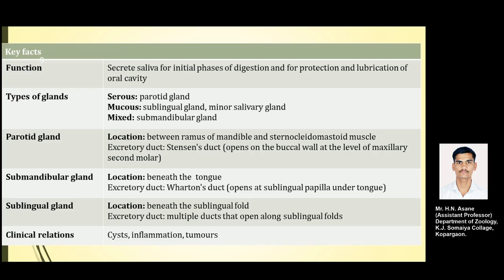Then the sublingual gland, the location is beneath the sublingual fold. That means below the tongue there will be the sublingual fold, and below the sublingual fold is the location of this sublingual gland. The excretory ducts for this gland are multiple ducts that open along the sublingual folds below the tongue.